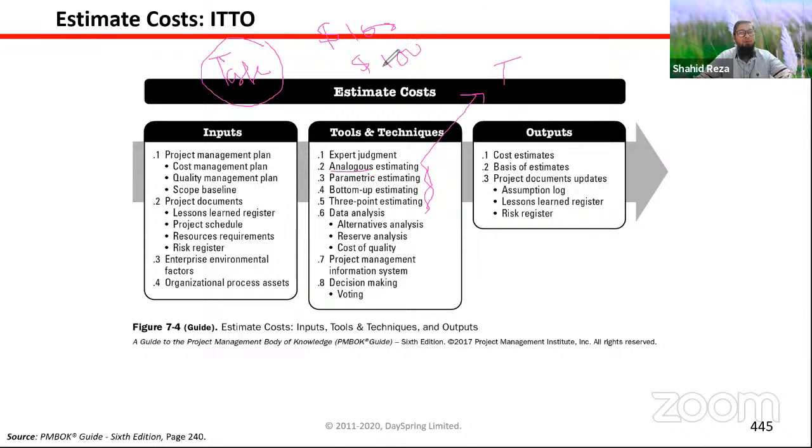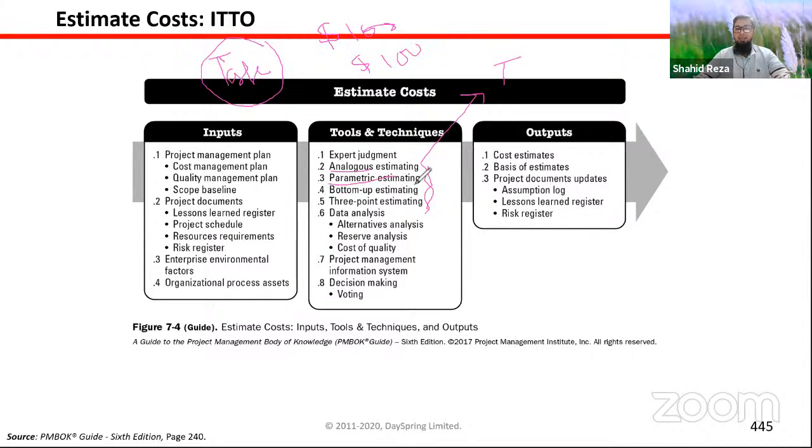So if we estimate any task from previous or historical experience, that is known as analogous estimating. In the schedule chapter, we estimated duration for the task. In the cost chapter, we are estimating the cost of the task.